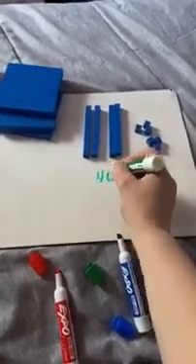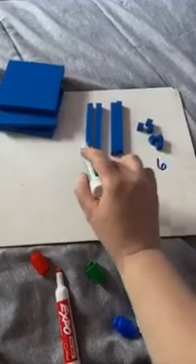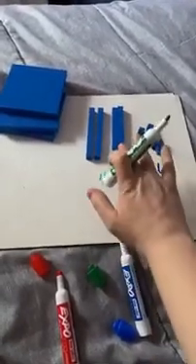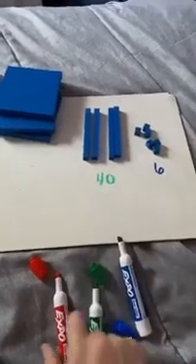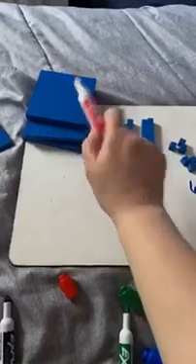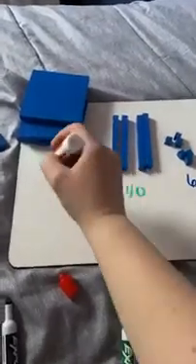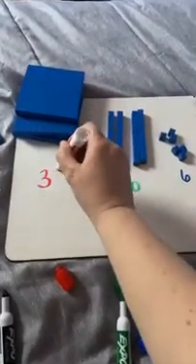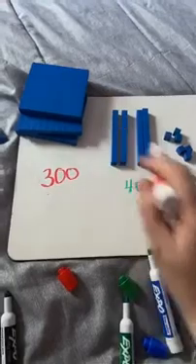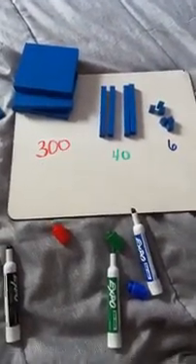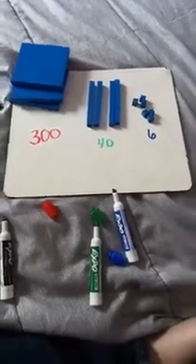I have 40, or I have 4 of these, but it's not just 4, it's 40 because each one equals 10. Now my hundreds, let's check. 1, 2, 3. I have 3. So, do I put it like that? No, I have to add in my 300 because 3 would be telling me how many ones I have. So I have 300.